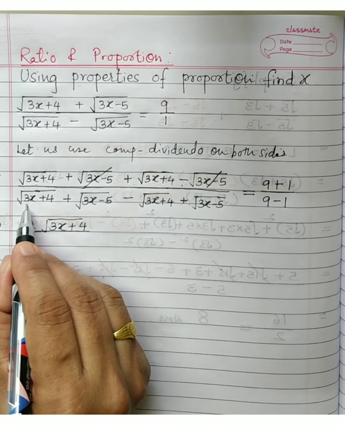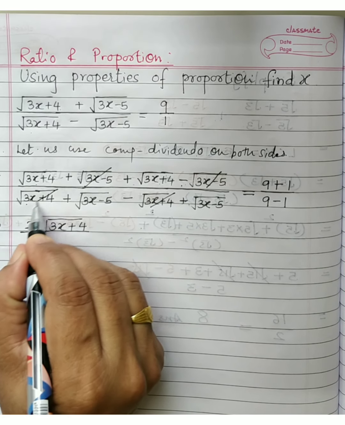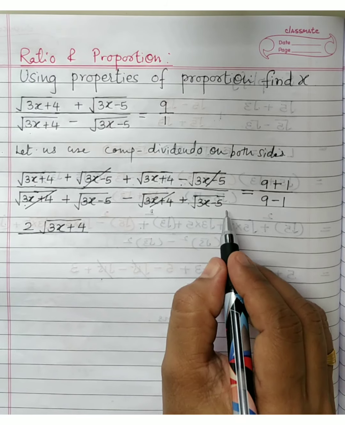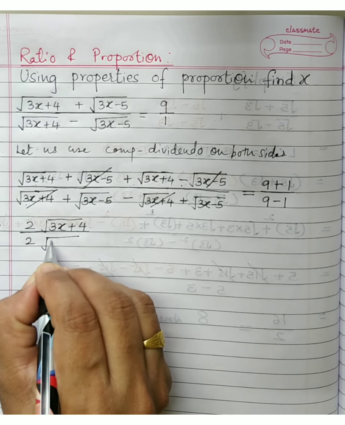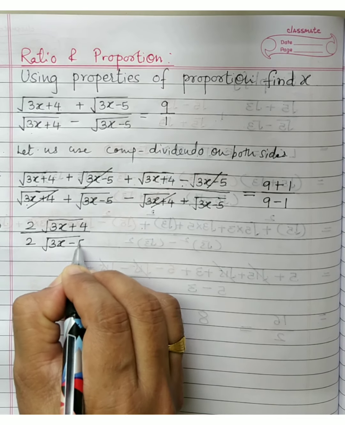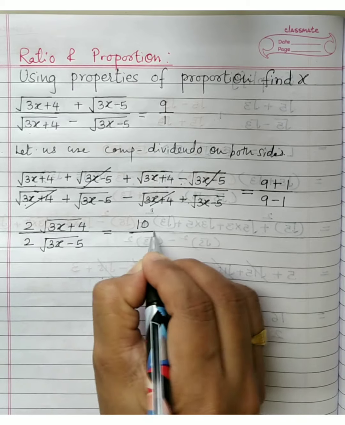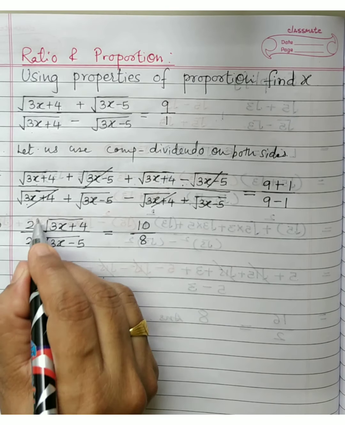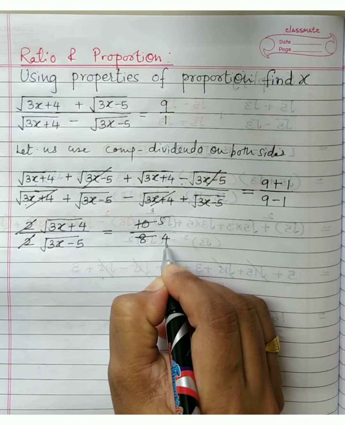Root 3x plus 4 and negative root 3x plus 4, again the similar and opposite terms get cancelled. Root 3x minus 5 plus root 3x minus 5 will give you 2 root 3x minus 5. 9 plus 1, 10. 9 minus 1, 8. Simplified, whatever you can, it comes as 5 upon 4.